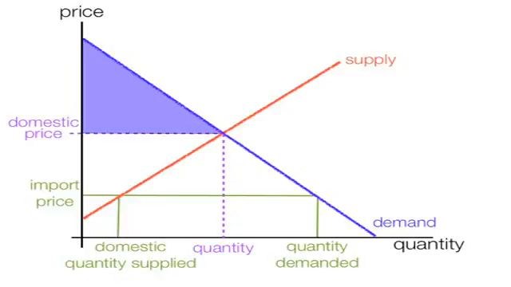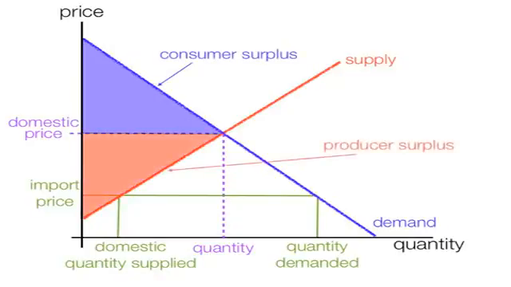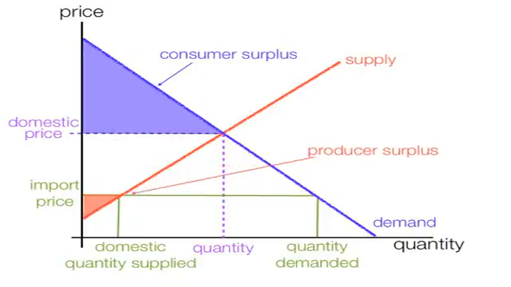Now, before imports, this is the level of consumer surplus, and this is the level of producer surplus. After imports, producer surplus shrinks. In fact, it shrinks to that level right there, much less than before, because they're producing much less, obviously, because of the imports.